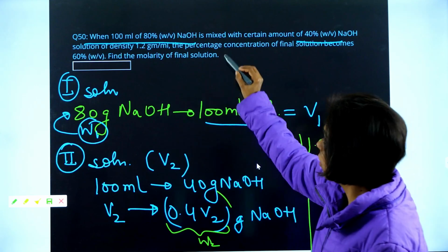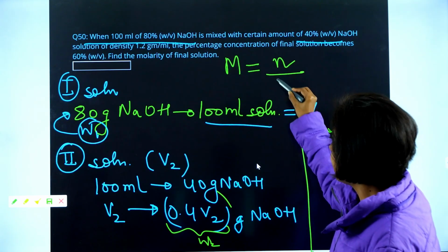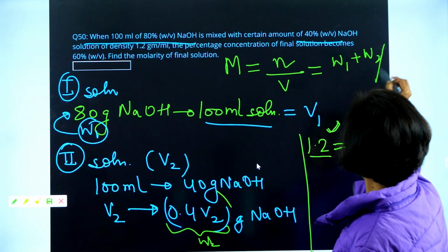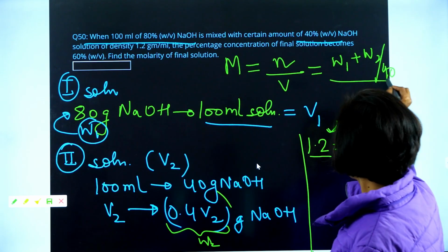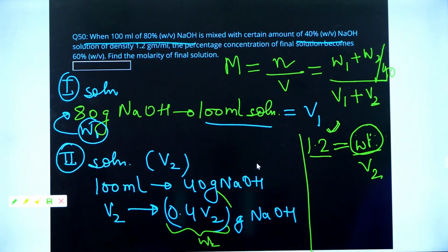So to calculate the final molarity, I need the final moles. I need the final volume. The final moles is (W1 plus W2) divided by 40, and the final volume will be V1 plus V2, right? These things I'm supposed to know. If I can calculate V2, I will get my answer.